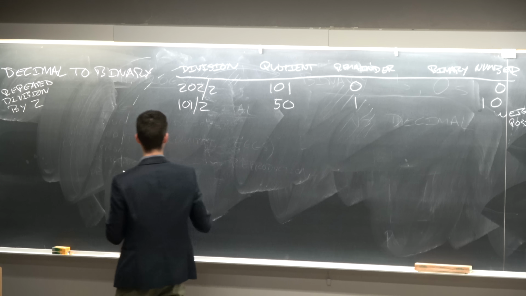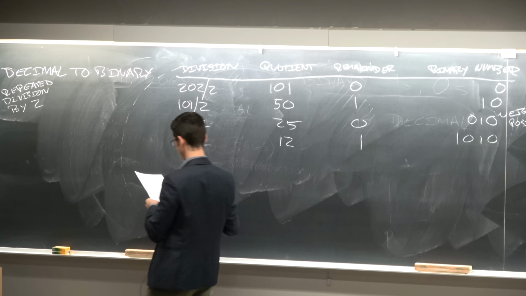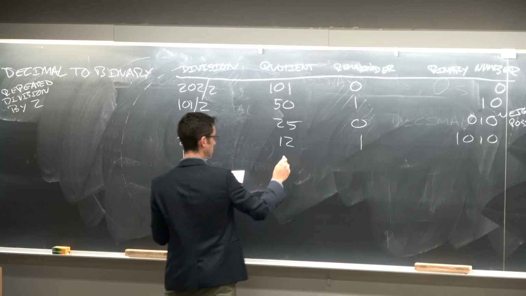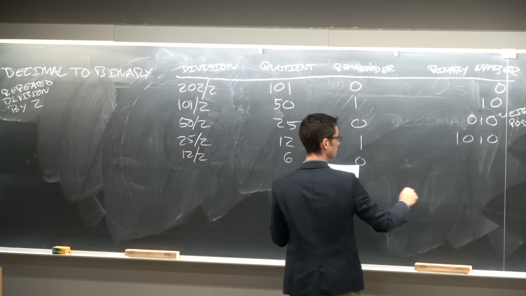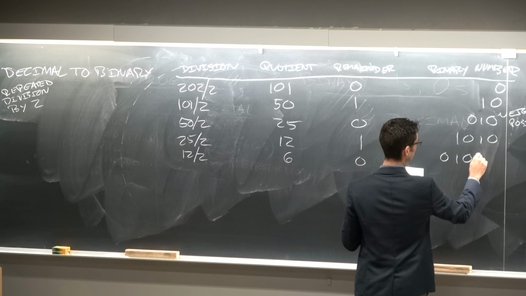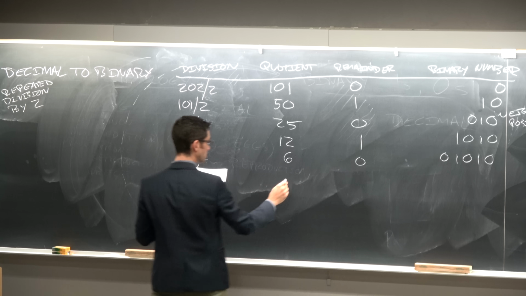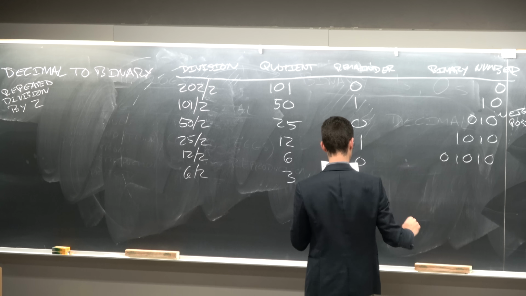50 divided by 2, 25, 0, 0, 1, 0. 25 divided by 2, 12, remainder of 1, 1, 0, 1, 0. 12 divided by 2 is 6, remainder is 0. 0, 1, 0, 1, 0. 6 divided by 2, 3, remainder 0, 0, 0, 1, 0, 1, 0.